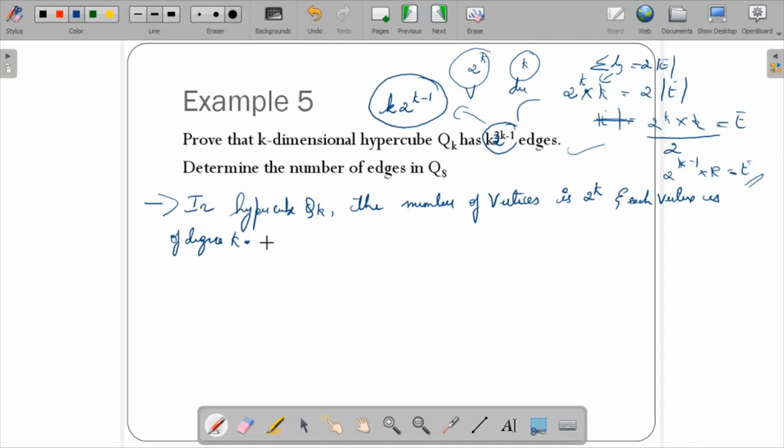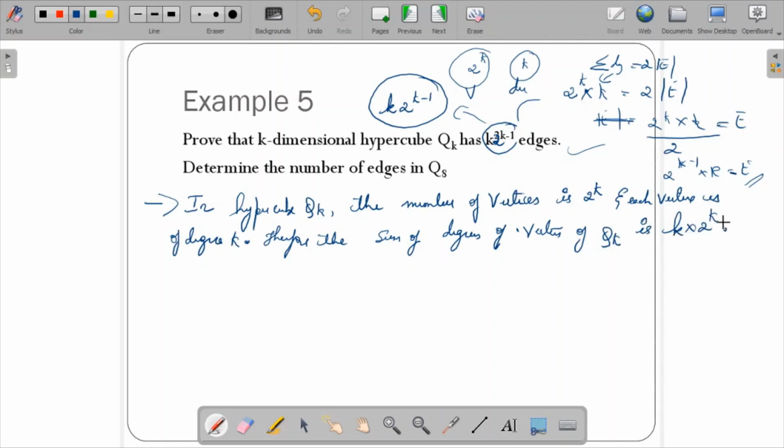Therefore the sum of the degrees of vertices of Qk is k into 2 to the power k.